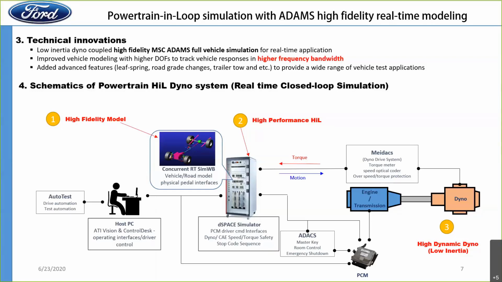We want to take advantage of this convenience, therefore we stack the two systems together. When we communicate with the processor, we use the dSPACE. When we run the vehicle model, we use the Concurrent.